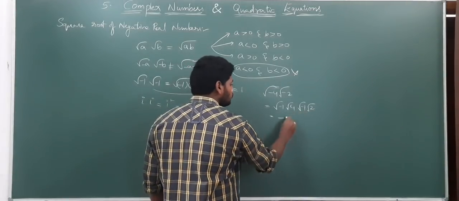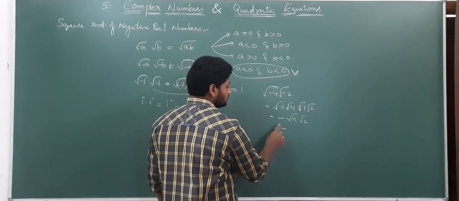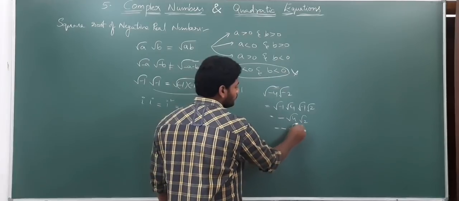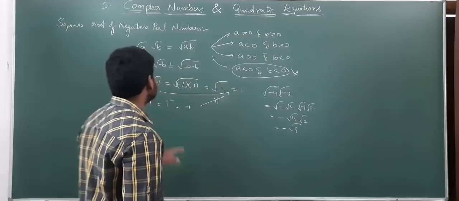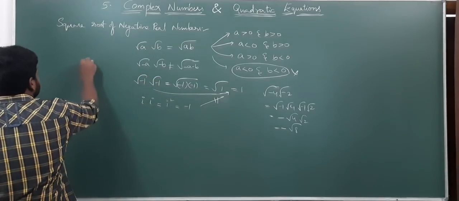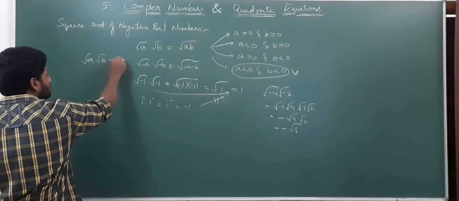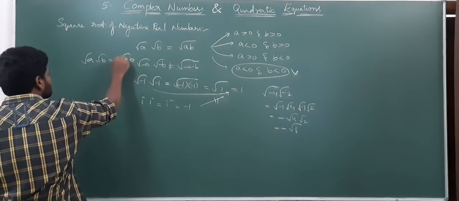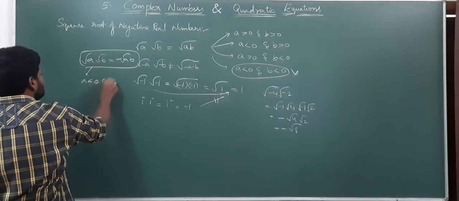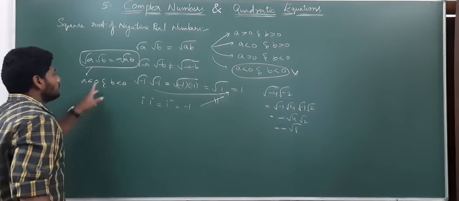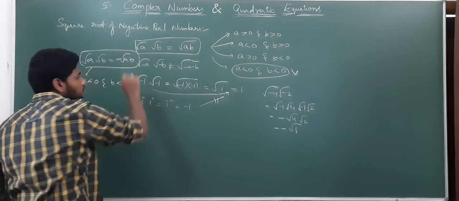So it is minus of root 4 into root 2, which we can write as minus root 8. That means when a and b are both negative, square root of a into square root of b will be minus square root of ab, if a less than 0 and b less than 0. In the remaining cases, the formula is possible. Pause the video to note it down.